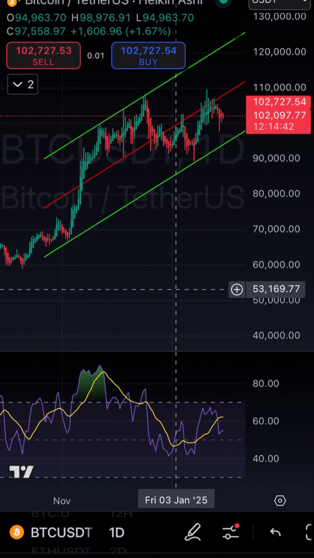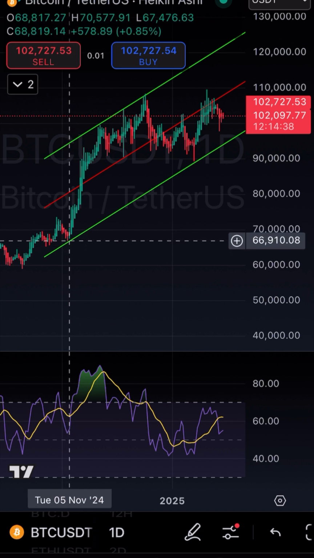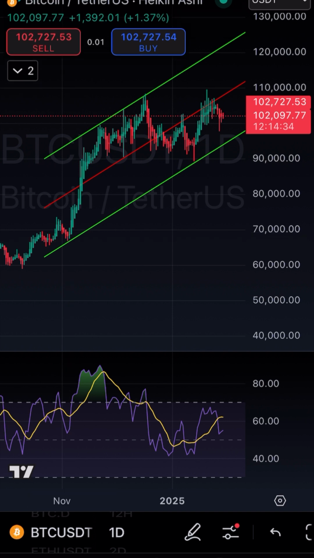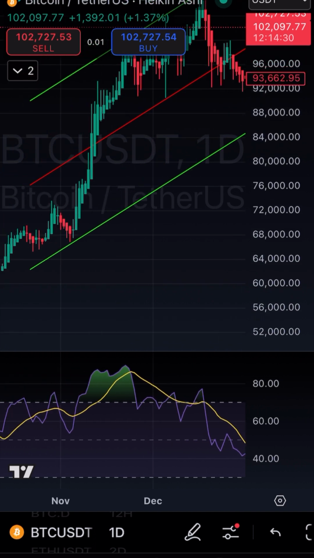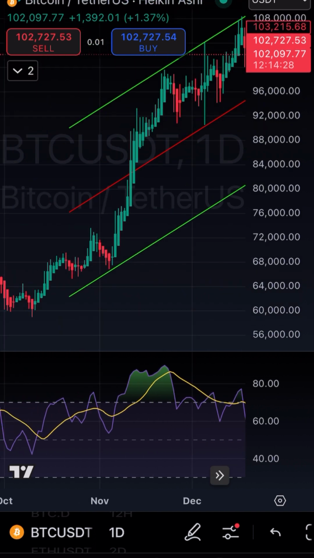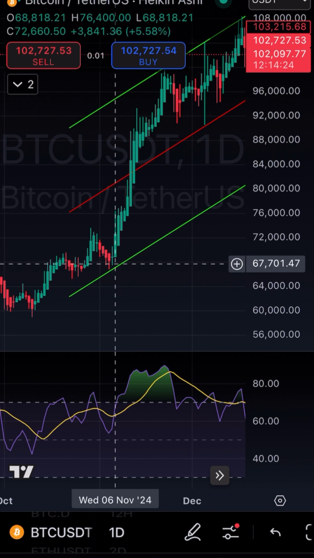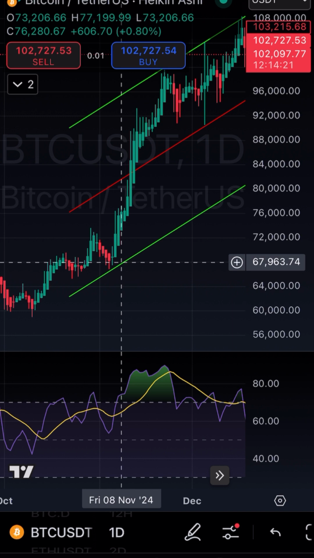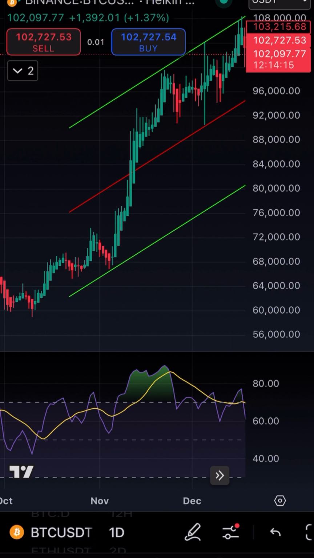There are a couple of moments where you can come in. The first one would be right here. After you've identified that the candle has gotten as close to the bottom of that trend line as possible, like right here, you want to check your RSI and see if the RSI is crossing. Once you see that RSI crossing, that is your entry point.